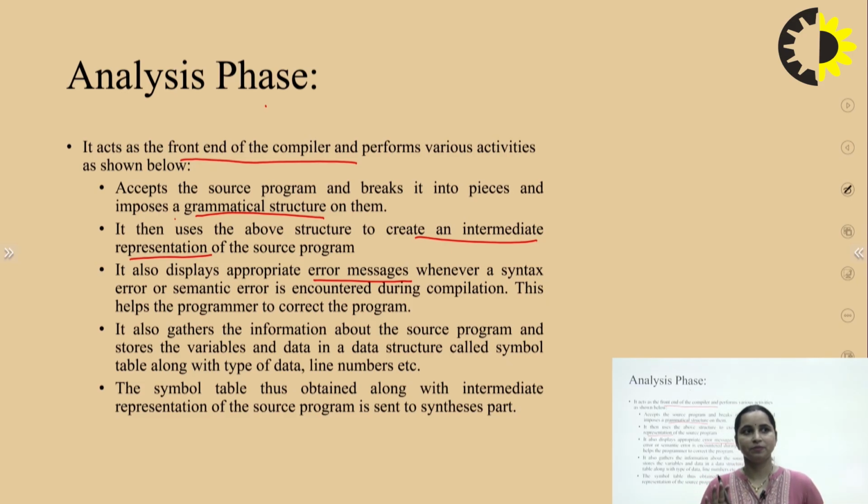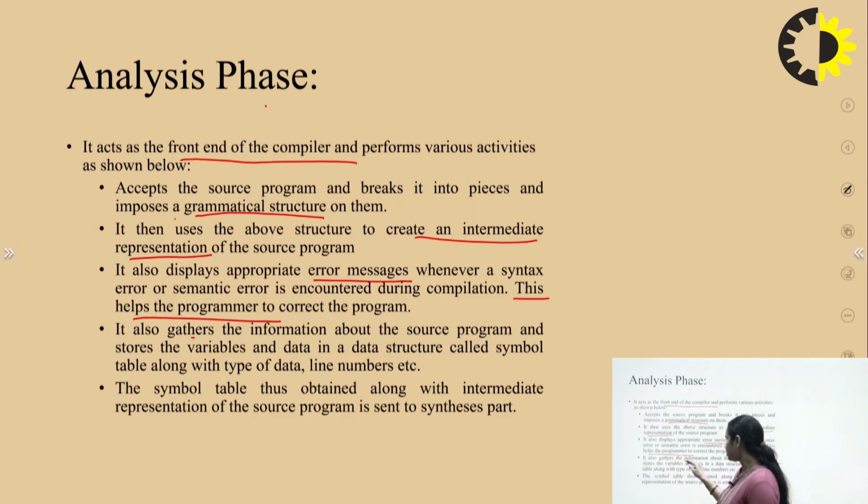This helps the programmer to correct the program. This step is very useful for users writing programs. If the error is displayed as per the line number, it becomes easier for the user to correct it.